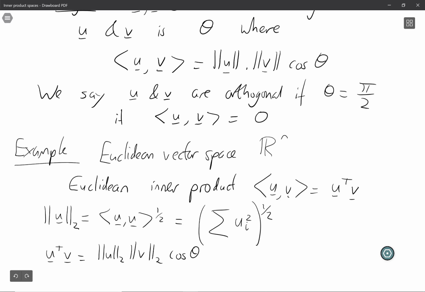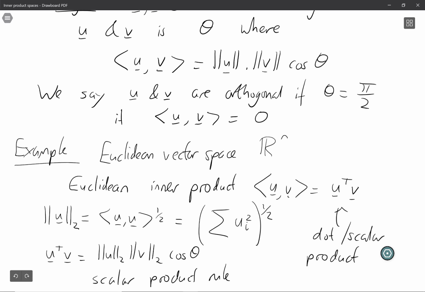And you'll recognise this as the scalar product rule. u transpose v is sometimes called the dot or scalar product of u and v.